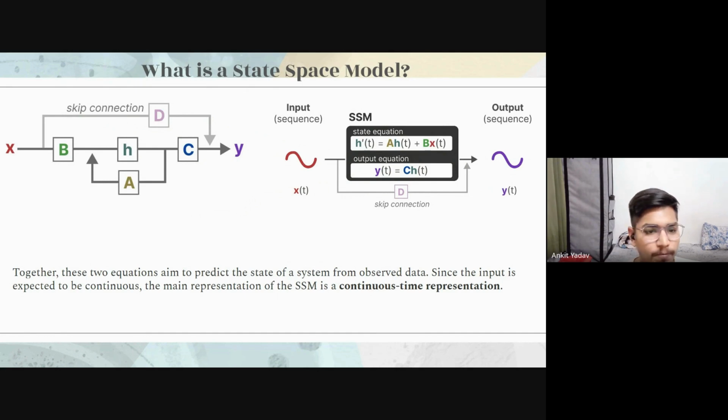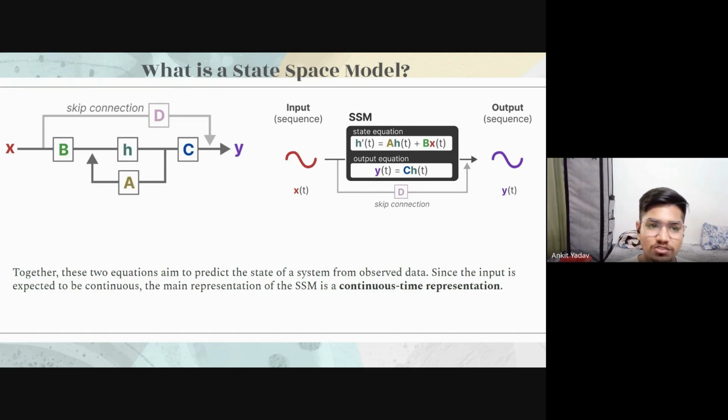Coming to this part, what happens is right now this is a time-based thing. This is x_t, y_t at a given timestamp. This is a continuous time representation, and as we have seen before, if I have a sequence, it is discretized into tokens.